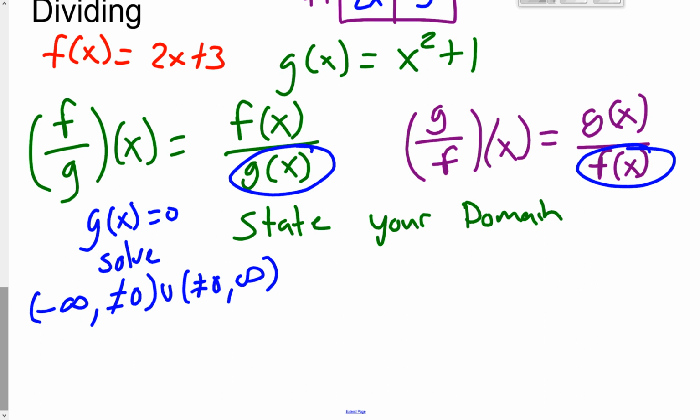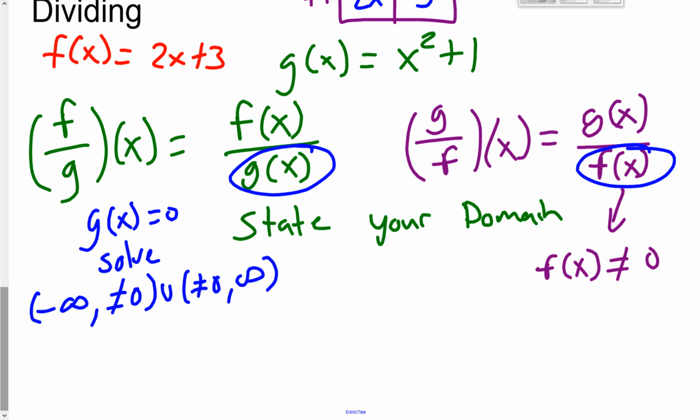For this one here, you take f of x and set it equal to 0, or you could say not equal to 0, it doesn't matter. And then you do the same thing. You go from negative infinity until that number that you find, and sometimes it might be a couple numbers. Okay? Stating your domain is kind of like stating your restrictions too, what x cannot be. And it's all because we're dividing by a function and we can't divide by 0.